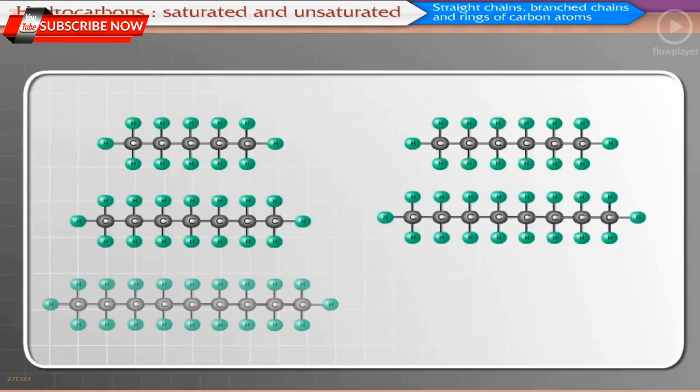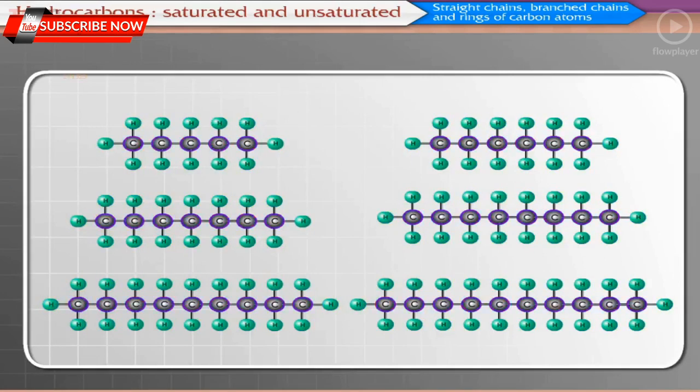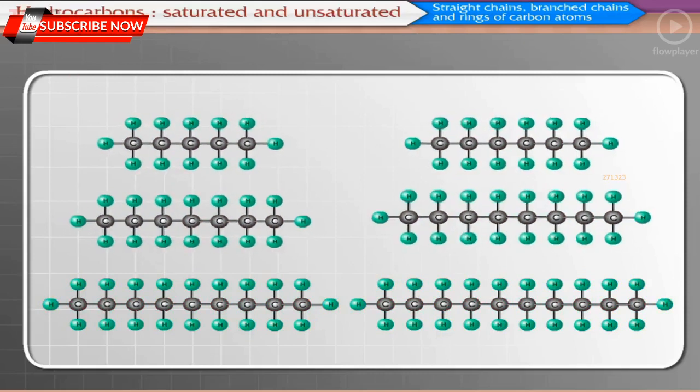In a similar way, let us join hydrogen atoms to the carbon atoms in the straight chains of carbon containing 5, 6, 7, 8, 9, and 10 carbon atoms and complete the tetravalencies of the carbon atoms.